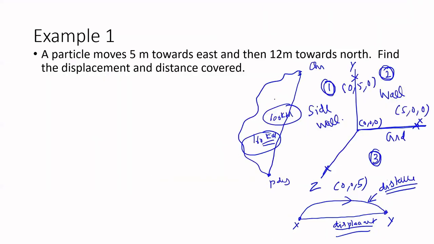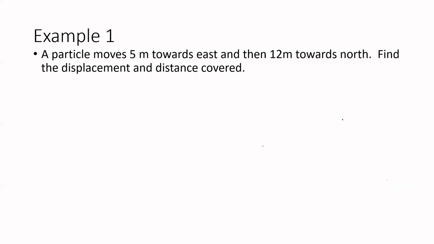Now let's see a sum. A particle moves 5 meters towards east. Always, if you take a paper, top is north. So bottom is automatically south, right side will be east, left side will be west.